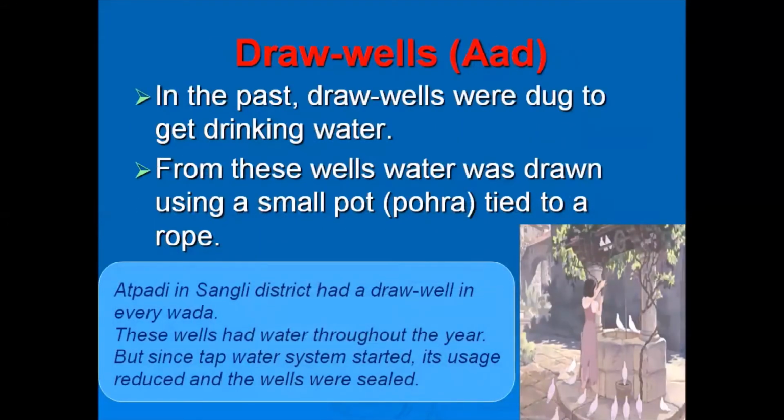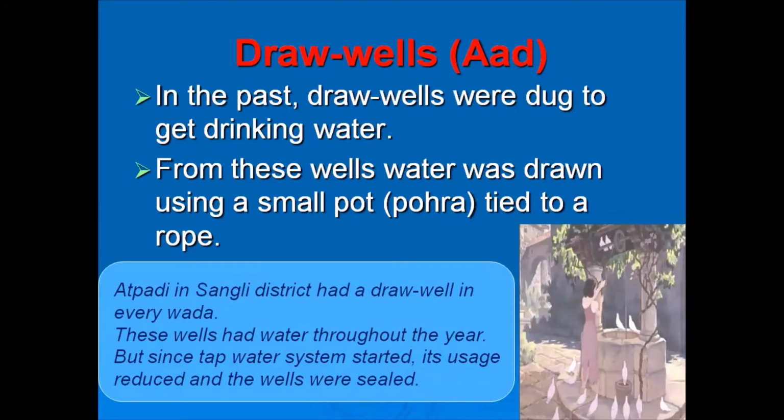Draw wells. In the past, draw wells were dug to get drinking water. From these wells, water was drawn using a small pot tied to a rope. Atpadi in Sangli district had a draw well in every wada.